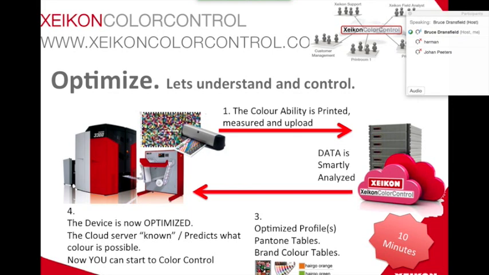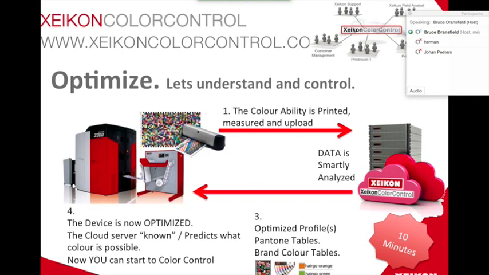So we have 2 types of profiles in a digital workflow. We have what we would call a printer profile, and this contains the characteristics or the colour potential of a digital device.